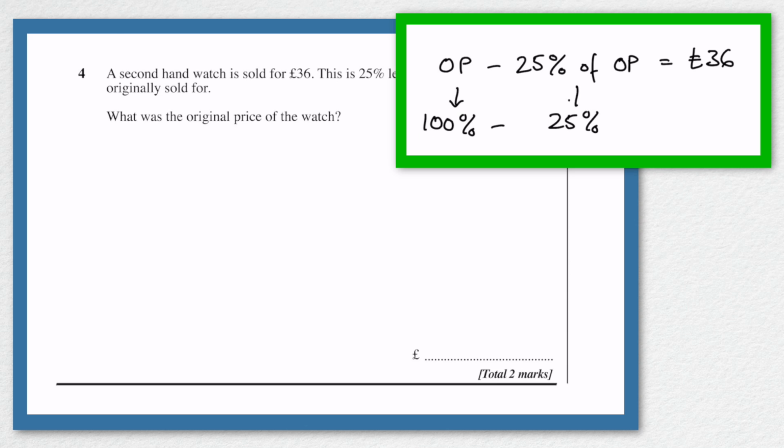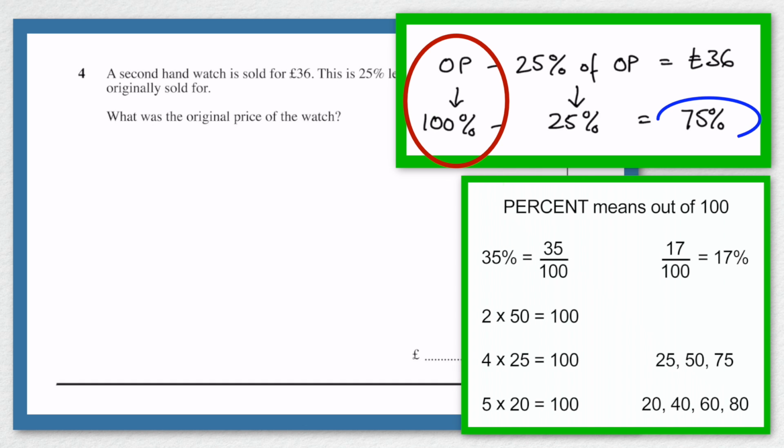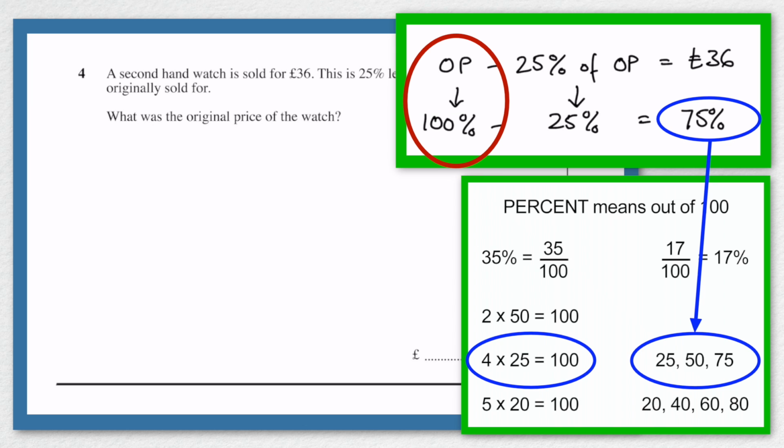We've subtracted 25% from it, and we're left with 75%. Again, we need to think about the numbers that go into 100. We know that 75% is a multiple of 25, because 25 multiplied by 3 is equal to 75. And 25 goes exactly into 100 4 times.